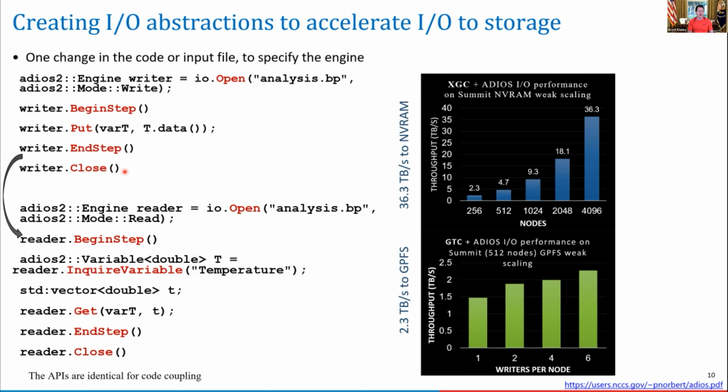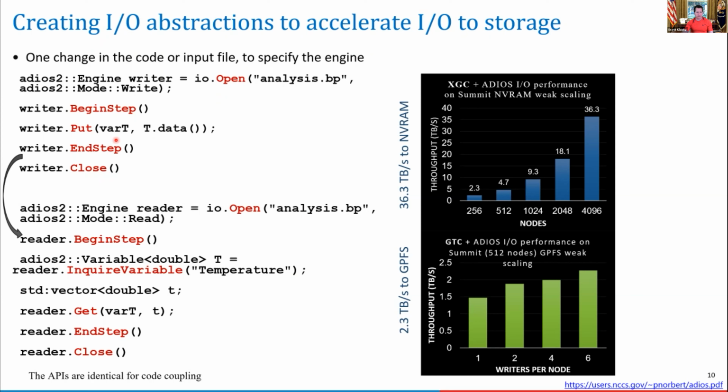What you see on the left is the majority of the APIs you need to learn. We'll teach you these later, but there's an open, there's a close, and then all the data that you want to put together goes into what's called a step. For an experiment, for example, every millisecond that data is collected, we'll call that a step.